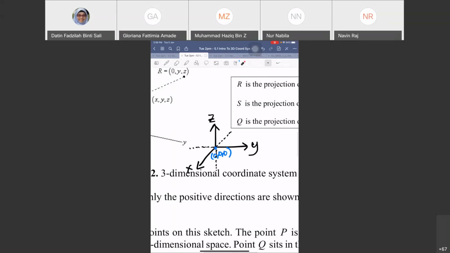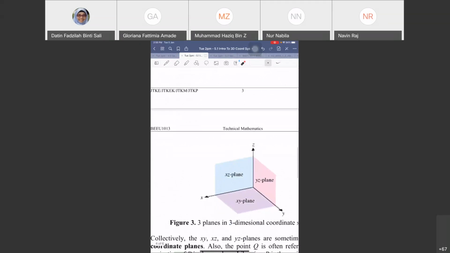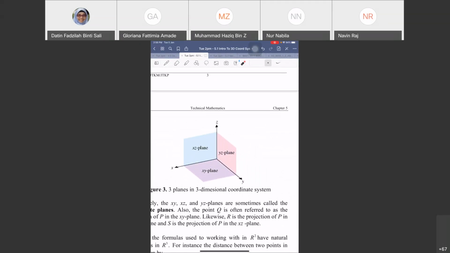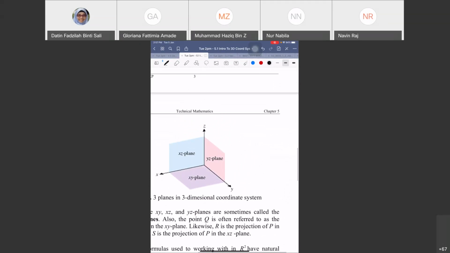And how do you actually plot a point? Let's say this is my three-dimensional axes, my x, y, and z.